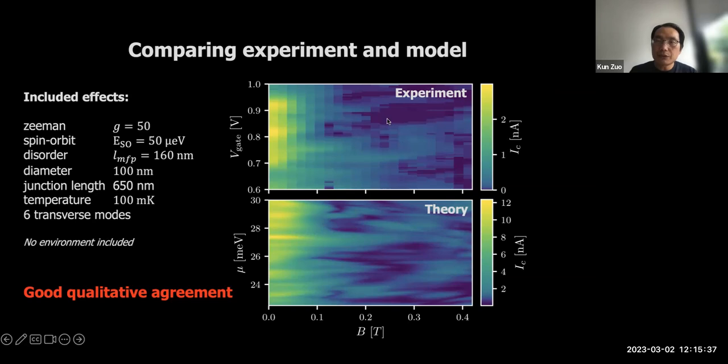I would say the theoretical and experimental results have very good qualitative agreement by taking more realistic parameters, for example, g factor 50, spin-orbit energy 50 micro eV, mean free path 160 nanometers, diameter of the nanowire 100 nanometers, junction length 650 nanometers, and 100 millikelvin temperature with the 6 transverse modes.